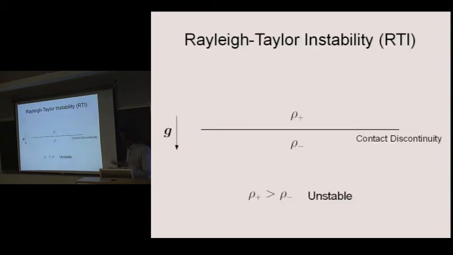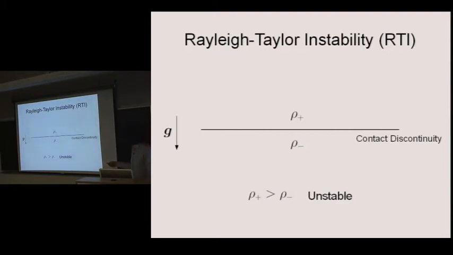So first thing, what do I mean by Rayleigh-Taylor instability? Throughout this presentation, I'll refer to it as RTI for short. What I mean is that you have a contact discontinuity. That is a place where the pressure is continuous across an interface, but there are discontinuities in density and temperature.